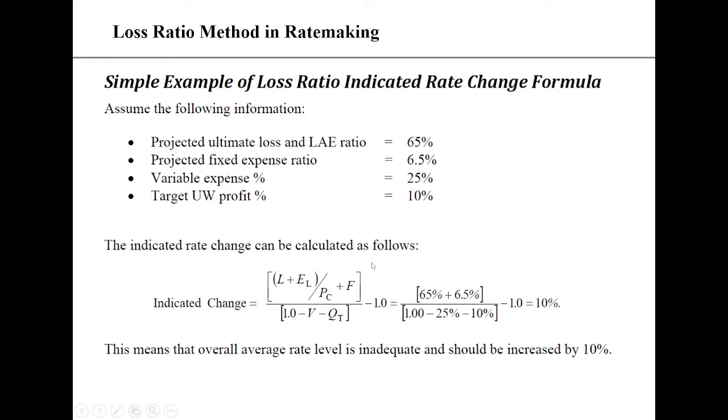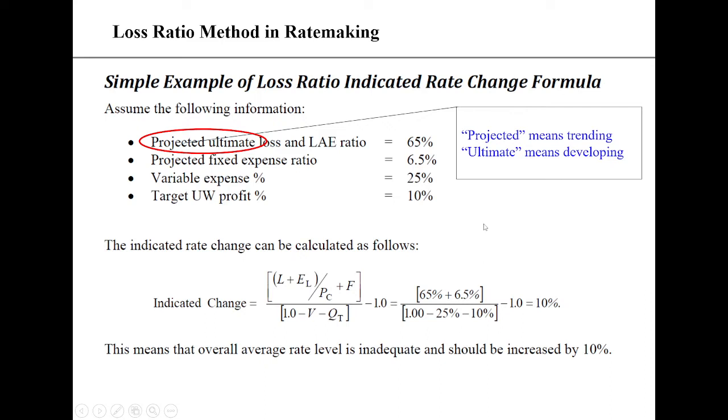And it includes not only allocated loss adjustment expense but the unallocated loss adjustment expense as well. That would be 65%.